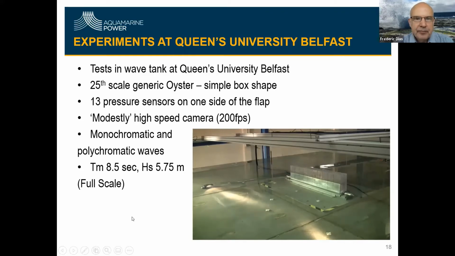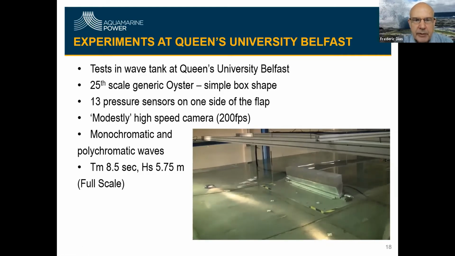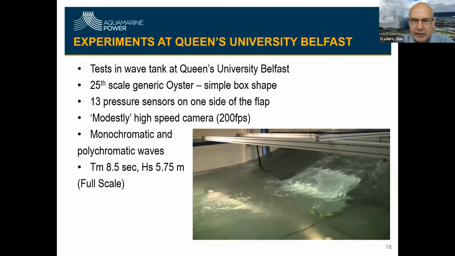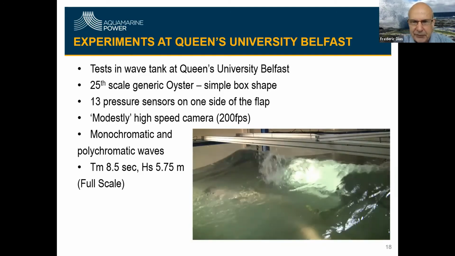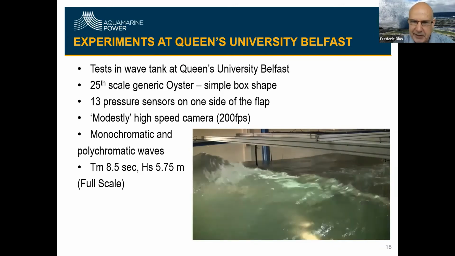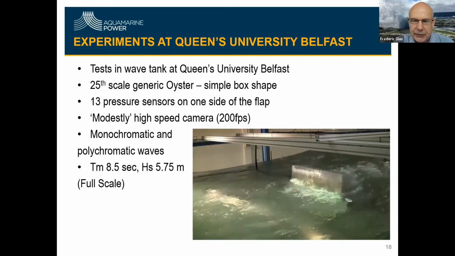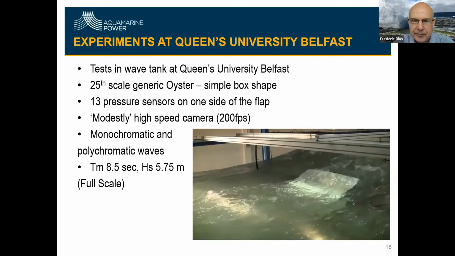So this was a 3D experiment. There were 13 pressure sensors on one side of the flap, a modestly high-speed camera, and we generated both monochromatic and polychromatic waves. And so you see the slamming that occurs, this violent impact of the flap back onto the water surface.